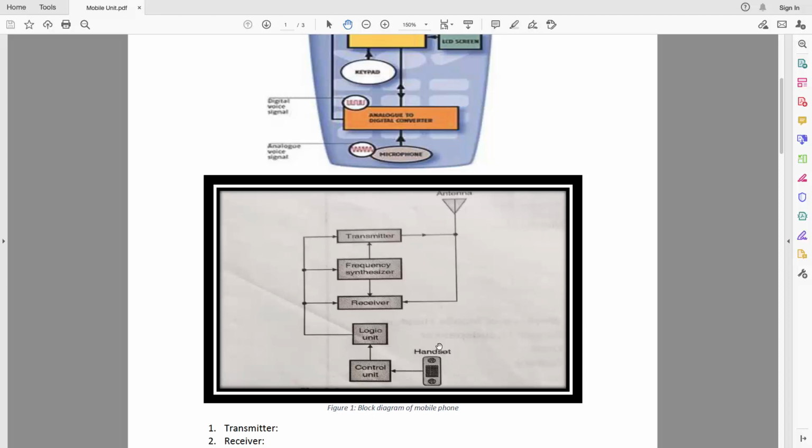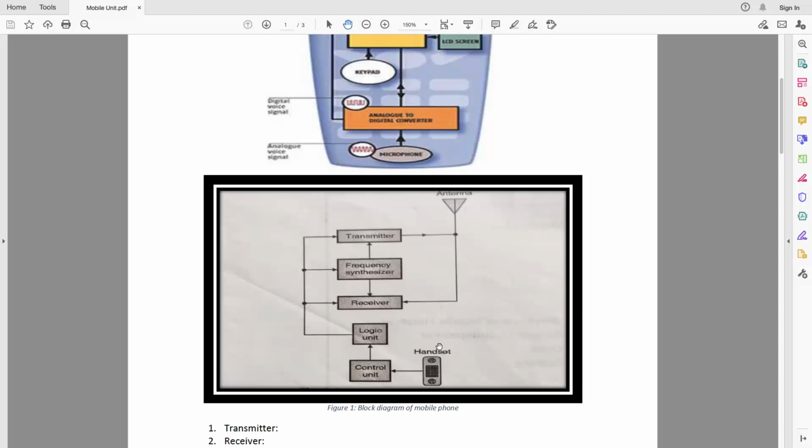If the mobile has to control its transmission power, that logic or decision is taken by the logic unit. So all the decision making is carried out with the help of the logic unit. We are going to see the different parts of the logic unit in detail in the next few chapters.